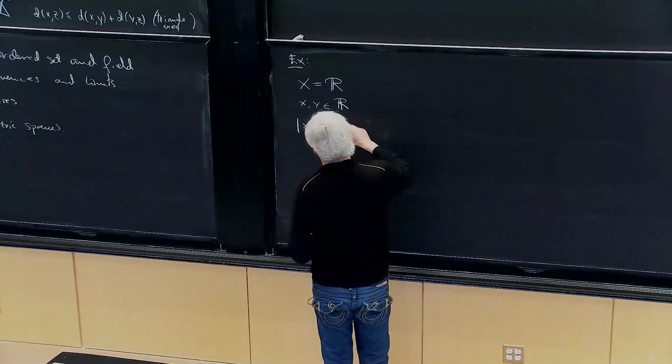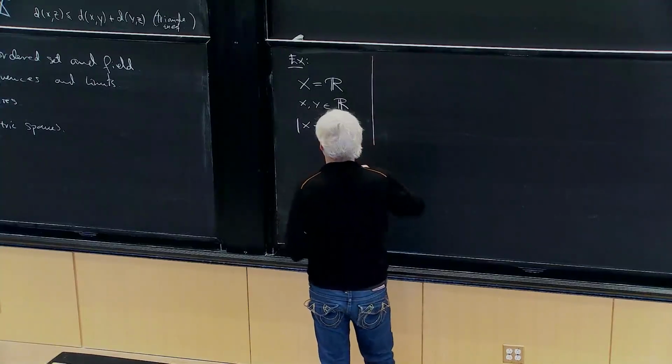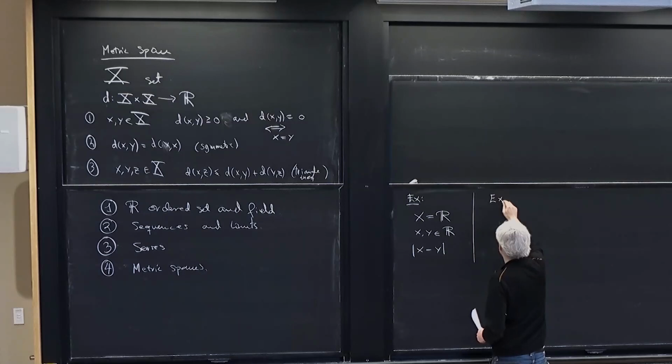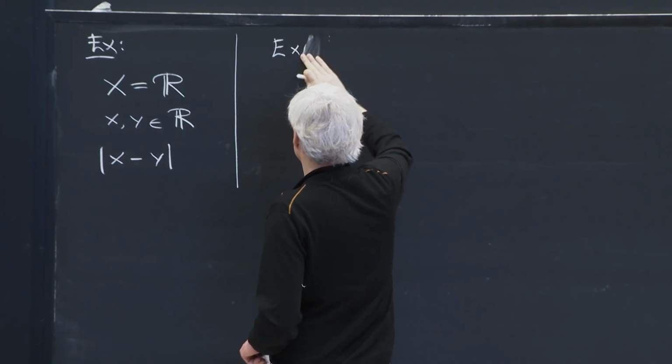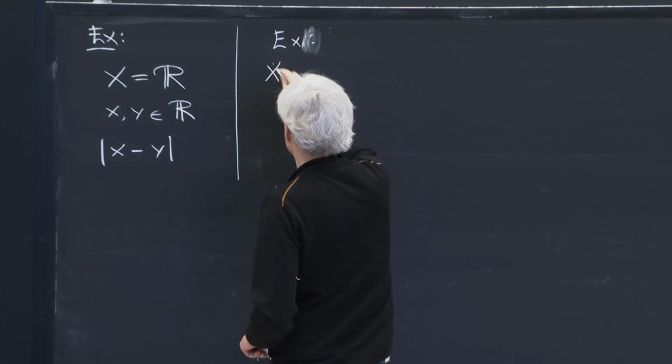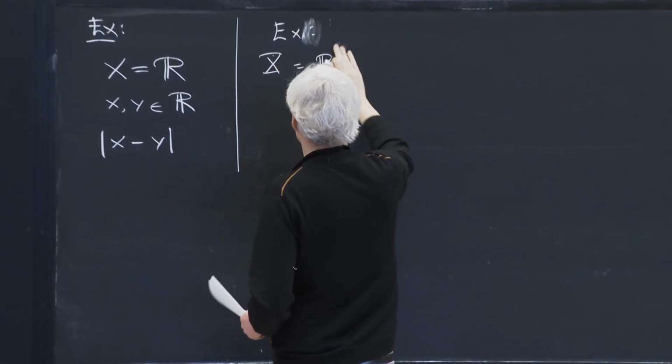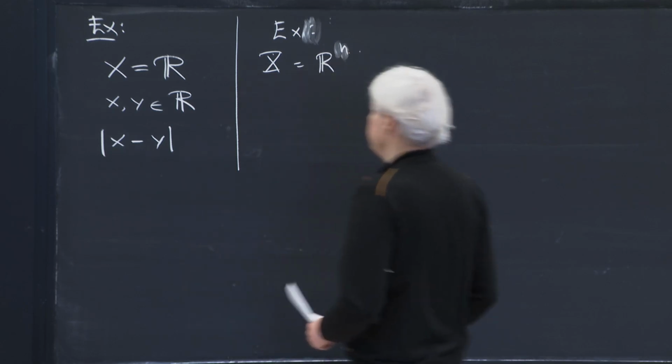A slightly more fancy version of the same is where you're looking at R2. So the X here is R2, or it could even be a general Rn.